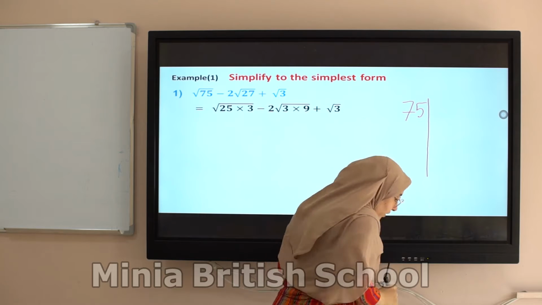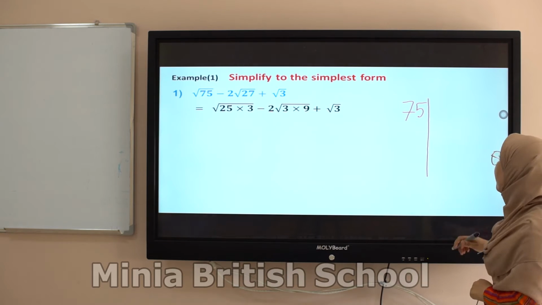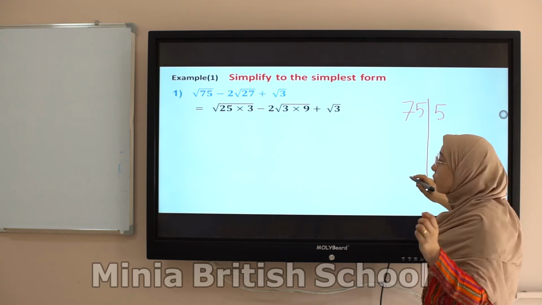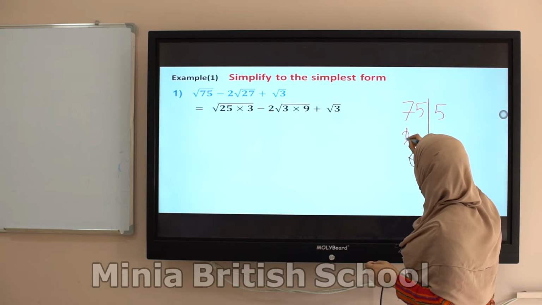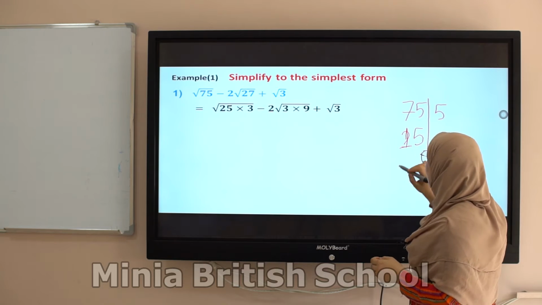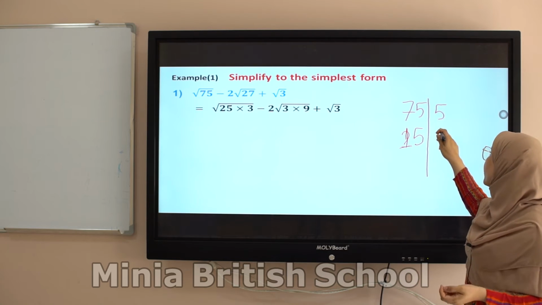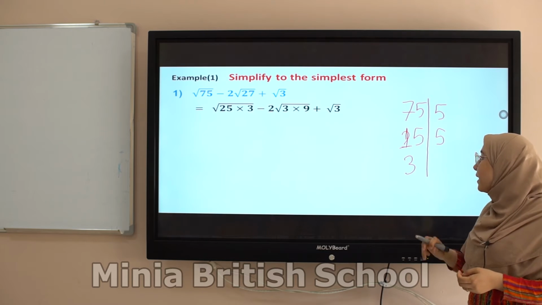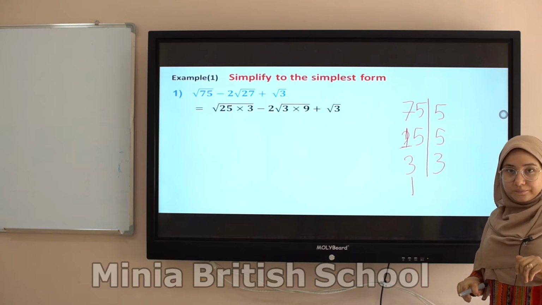75 is divisible by 5 or by 3. So 75 divided by 5 equals 15, okay? And also 15 is divisible by 5. So 15 divided by 5 equals 3, okay? 3 divided by 3 equals 1, okay?